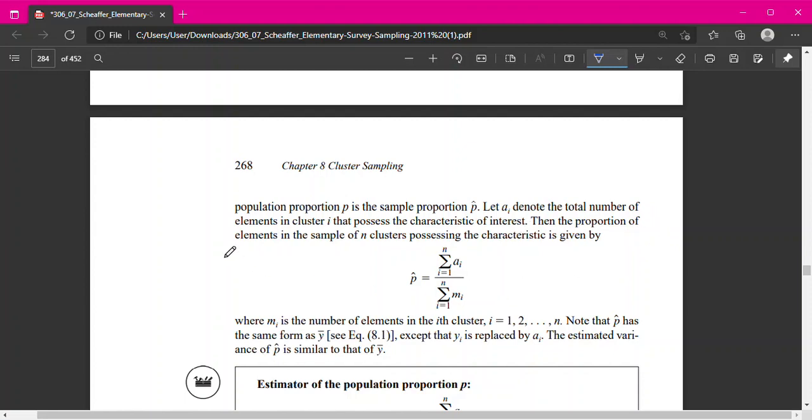Then the proportion of the elements in the sample of small n clusters possessing the characteristic is given by the formula: summation of a i divided by summation of M i.